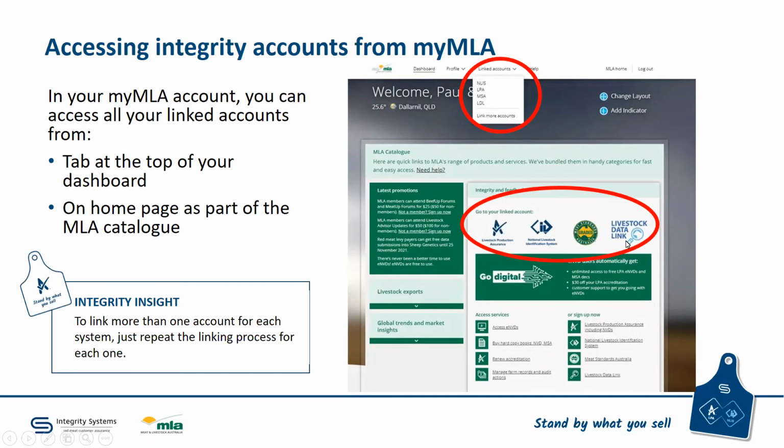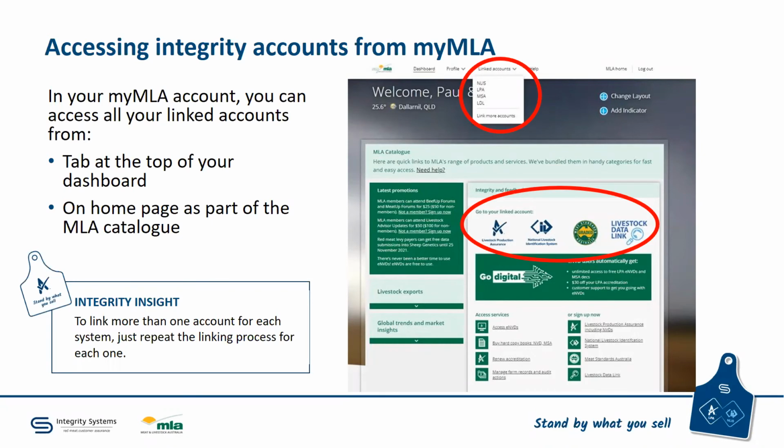That's another way. And the important insight on the page here is that you can link more than one account for each system. So if you have multiple properties that have different PICs, and therefore you have different LPA accounts or MSA accounts for those, then you can link multiple LPA accounts to the one myMLA account, and multiple MSA and multiple of everything.